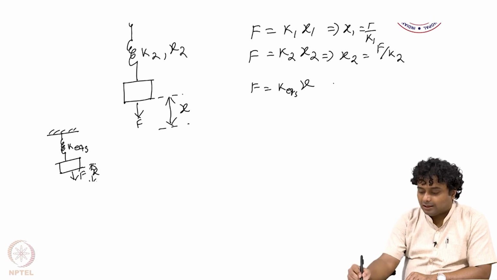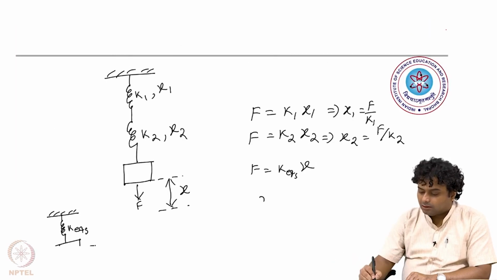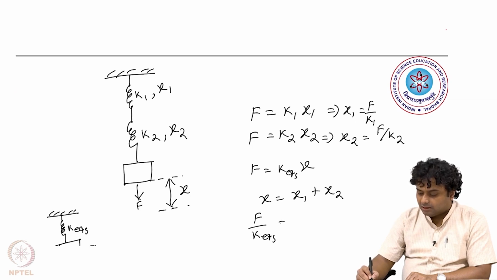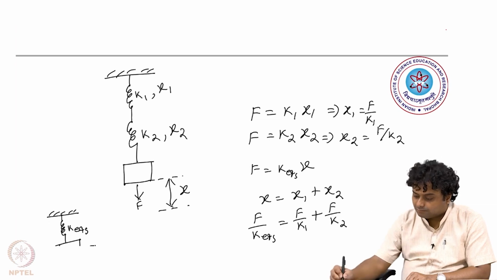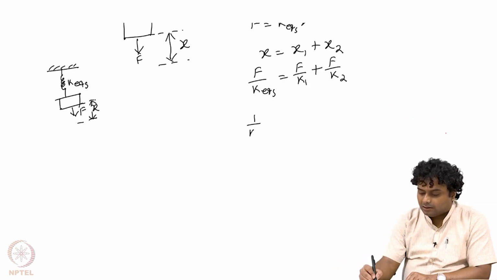Now what is x? x equals x1 plus x2, and from there we can write that x equals F by K equivalent series, which equals F by K1 plus F by K2, or 1 by K equivalent series equals 1 by K1 plus 1 by K2.